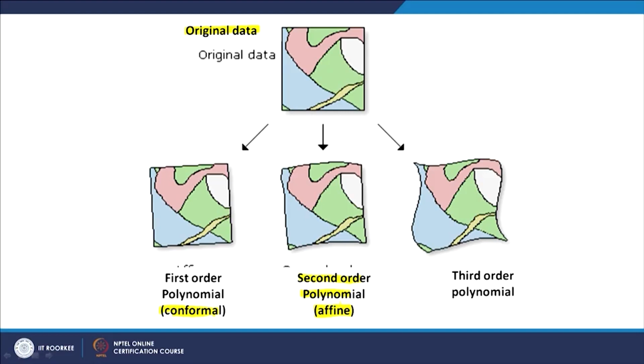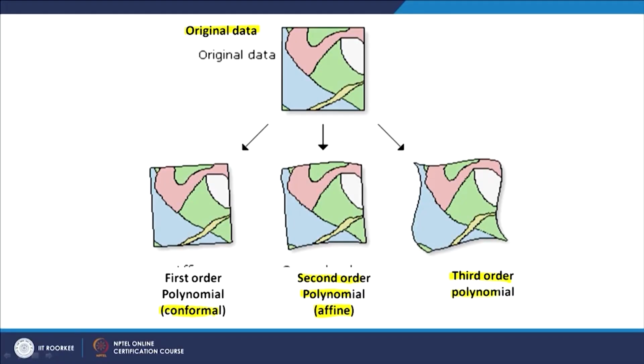Now there might be a situation where we need a change in scale and warping, because my image is covering a large part of the earth and is representing the curved part of the earth. Instead of that curved part I want to make it flat, so this warping issue will also come. So if all these 4 requirements are there, translation, rotation, change in scale and warping, then I will go for the third order polynomial equation.